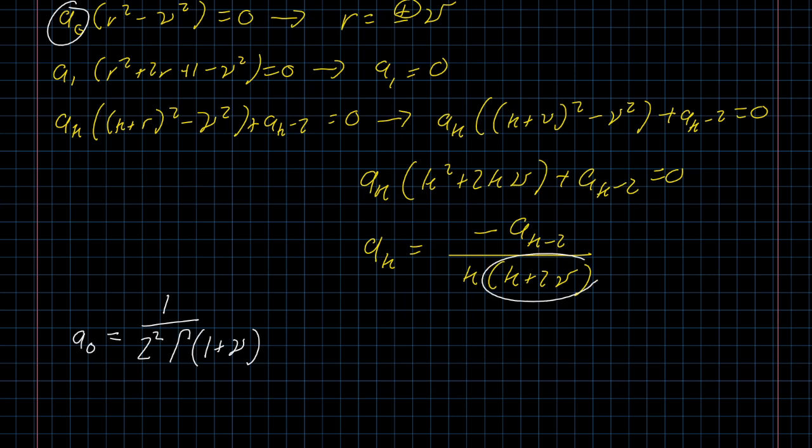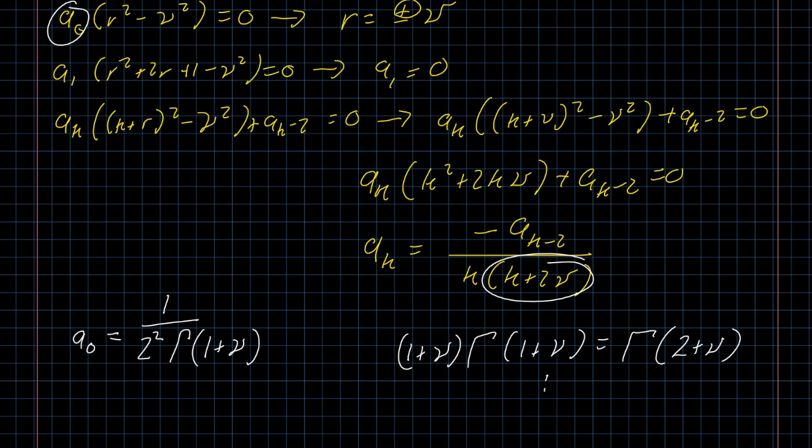Because we've got this k plus 2 nu going on down here in our ak. And remember, the nice thing about the gamma function is if you multiply 1 plus nu times the gamma function of 1 plus nu, you get the gamma function of 1 plus nu plus 1, which is 2 plus nu.